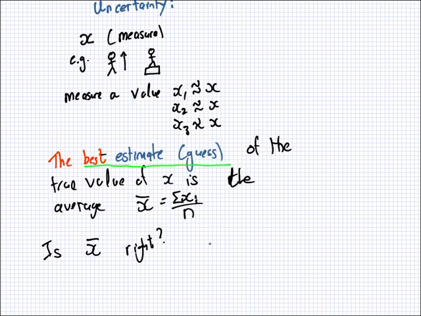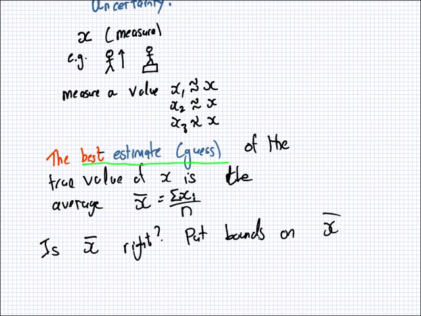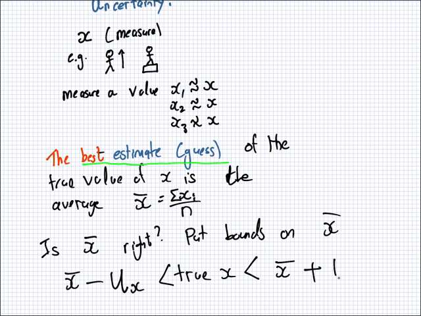So what we can do is put bounds on x bar. We can say that the true x will be between our average plus something and more than our average minus something. And we call that something the uncertainty of x.